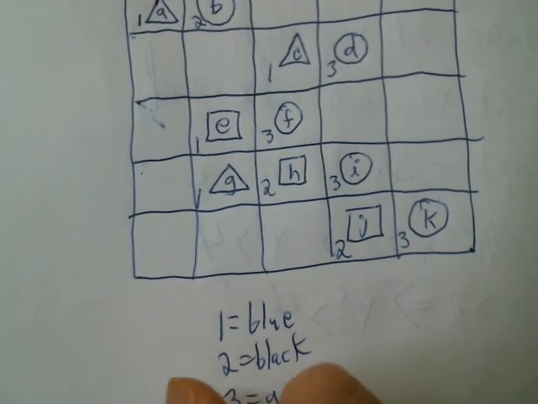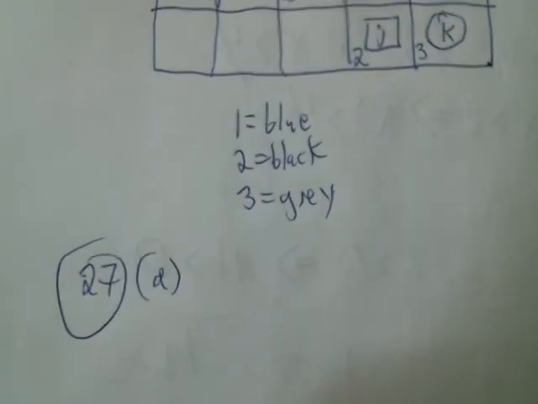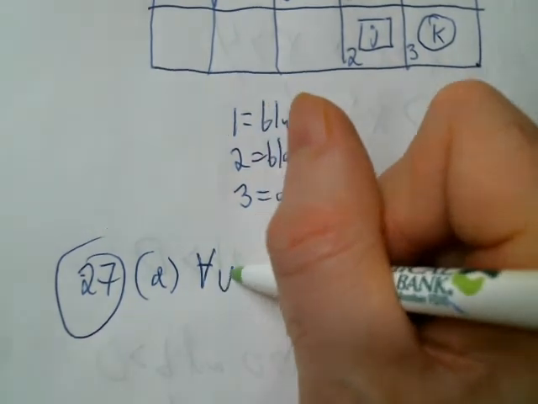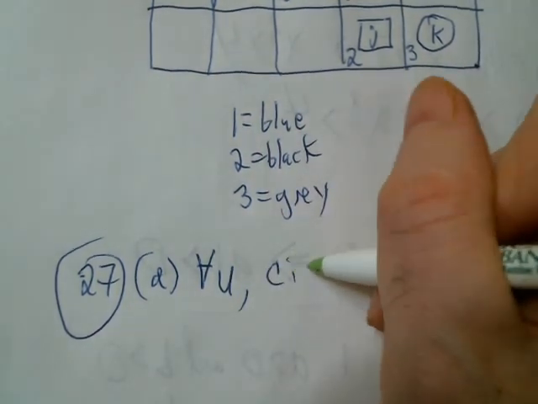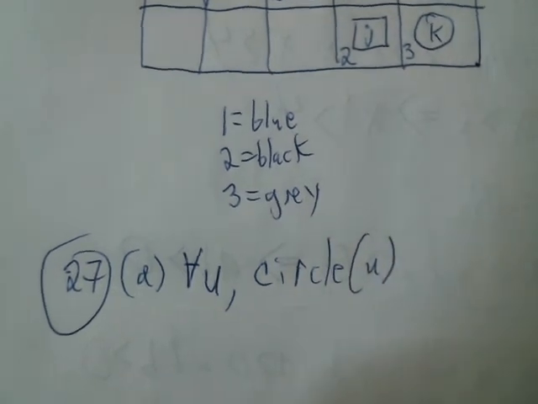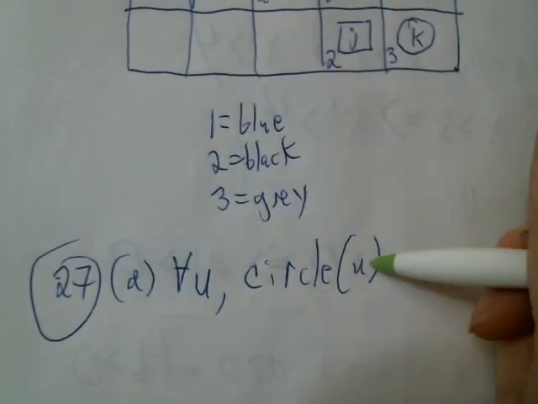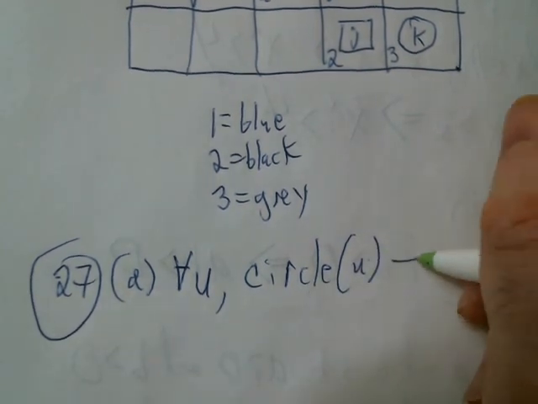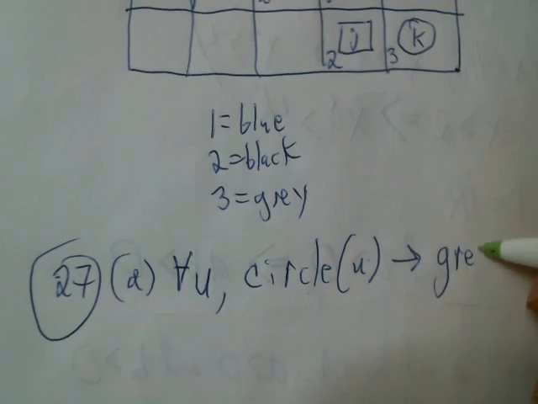So it's 27, part A. For all objects U, if the object is a circle, and we use kind of this predicate notation, so this means object U is a circle, then the object U is gray.